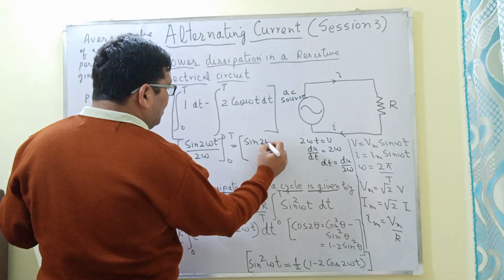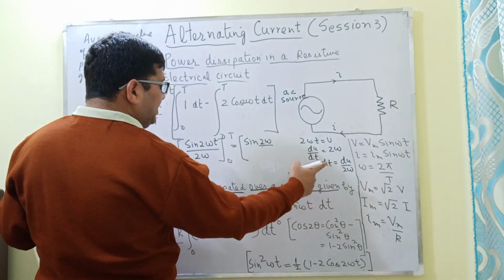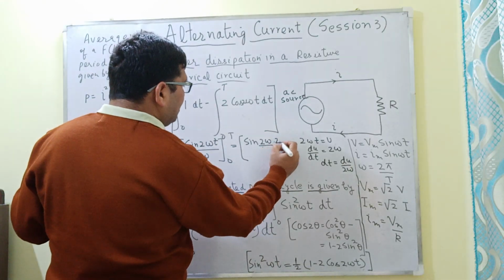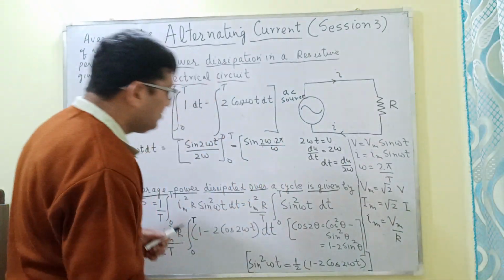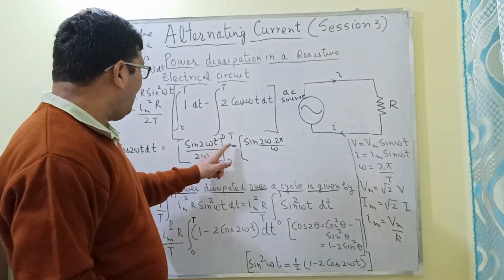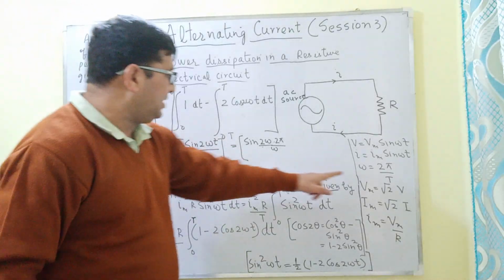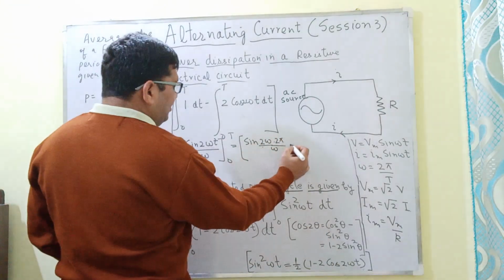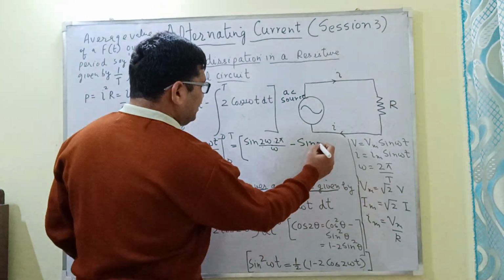So this will be equal to sine 2 omega into T, divided by 2 omega, and T is equal to 2 pi upon omega. Simply I am putting the value of t as T, which is 2 pi upon omega, and minus sine at 0.